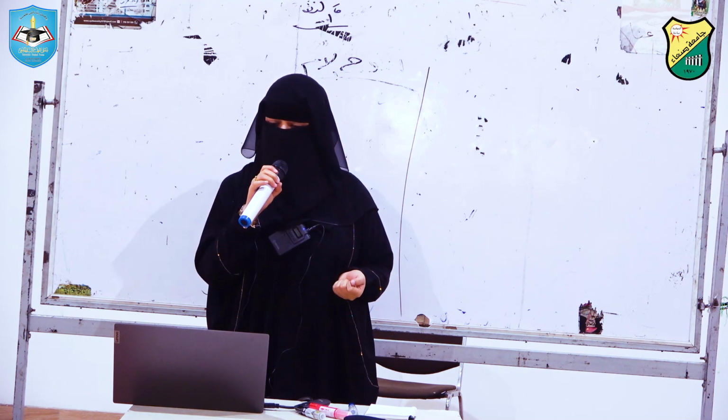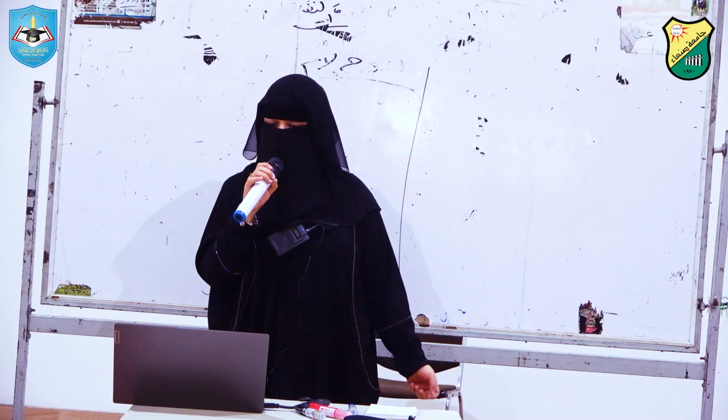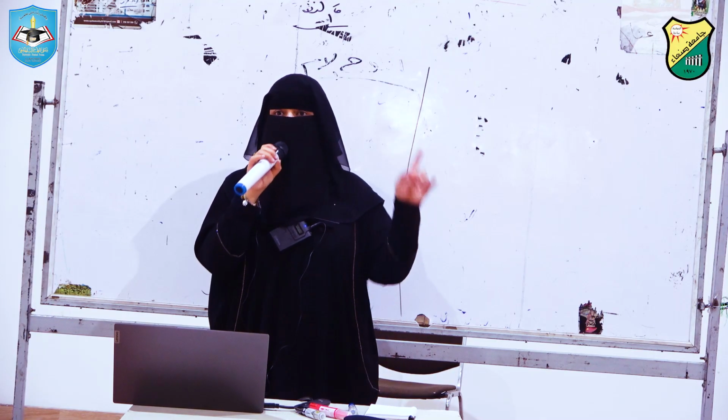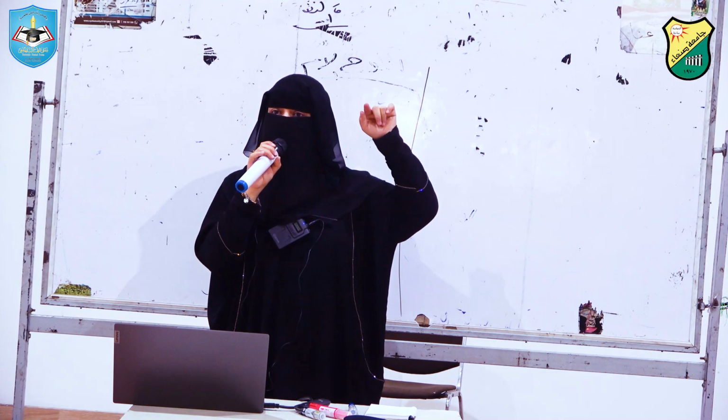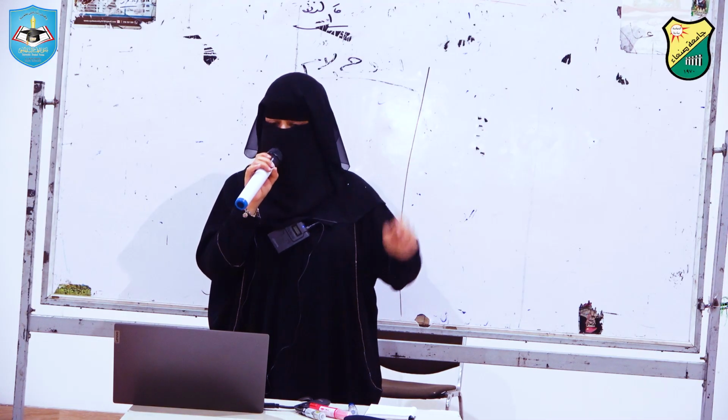Okay, number 2, and it's easy. She didn't speak to anyone and nobody spoke to her. Okay, it's the same and it's easy. Notice, you have a conjunction, and before the conjunction you have punctuation.